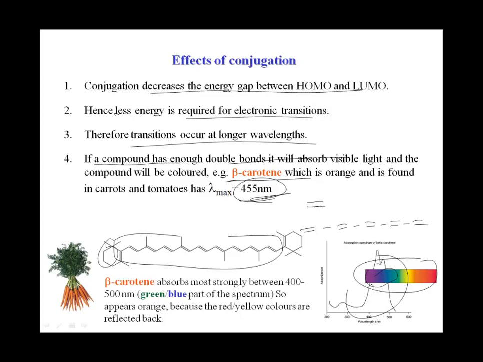So the idea of a color of something is that you're absorbing in the blue-green region, so that's absorbed, and the light that comes out, which you see, is going to be the red-yellow. Okay? So that gives you the color for the beta carotene.